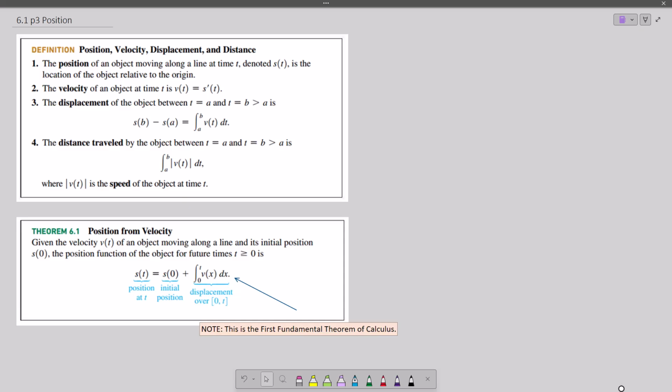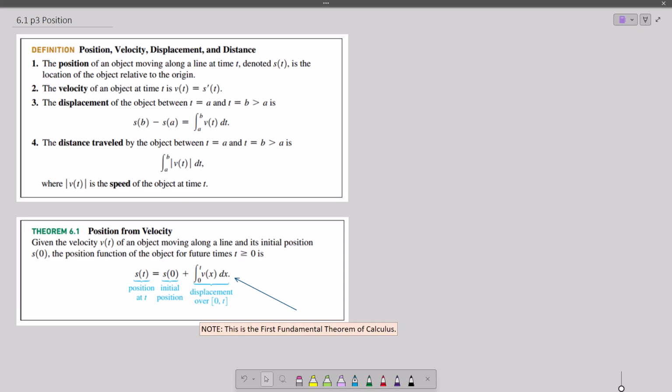Displacement, S of B minus S of A, is just the definite integral. That's it. All you have to do is the integral if you're trying to find displacement. The hard thing is distance traveled because we don't have an antiderivative for absolute V. We have to break V apart into its pieces and then integrate each piece separately and then add them back together.